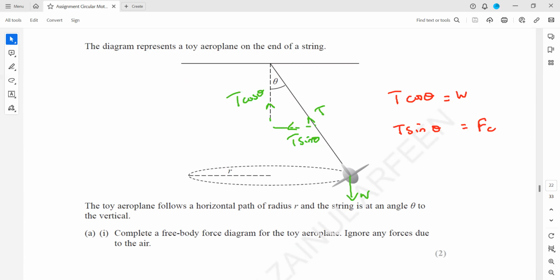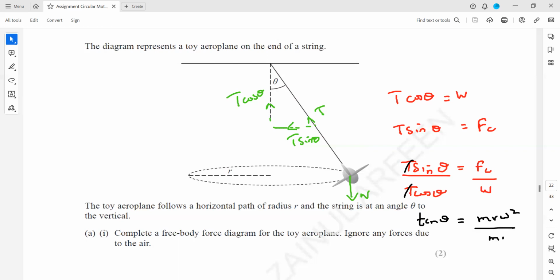If I divide these two equations, T sine theta equals the centripetal force, divided by T cosine theta equals W, T will cancel with T. Sine theta over cosine theta is tangent theta. Centripetal force is m r omega squared, and weight is equal to mg. So m cancels with m. What are we left with?